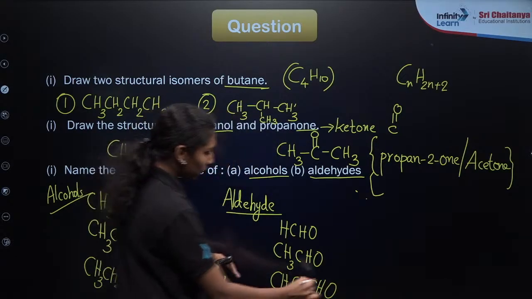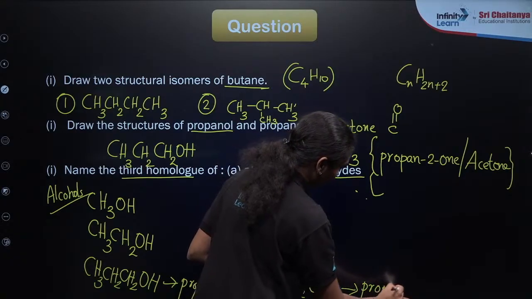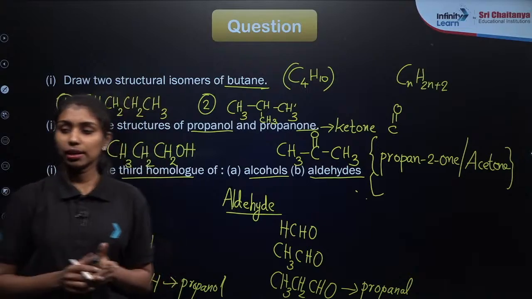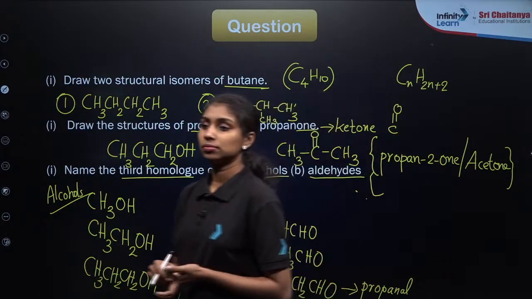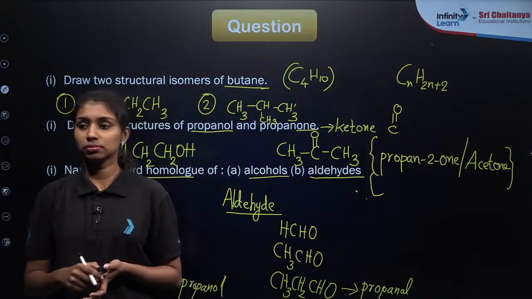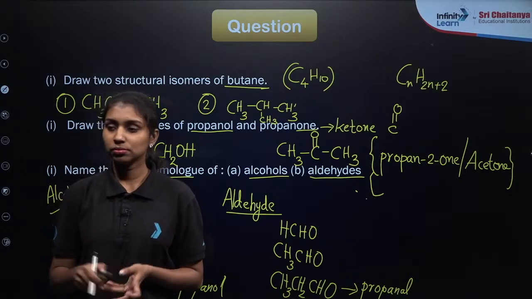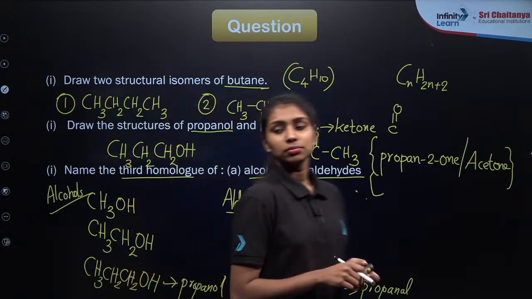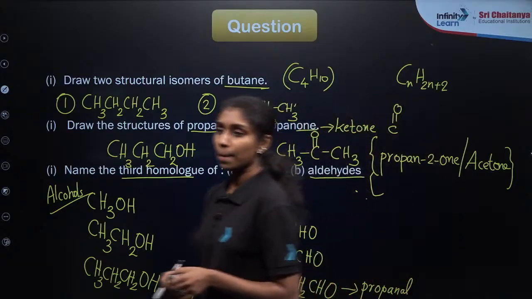Clear? So this will be the third homolog of the aldehydes given here, propanal. Is that clear? Okay, I hope you understand.